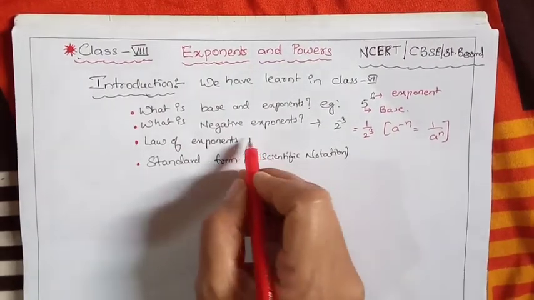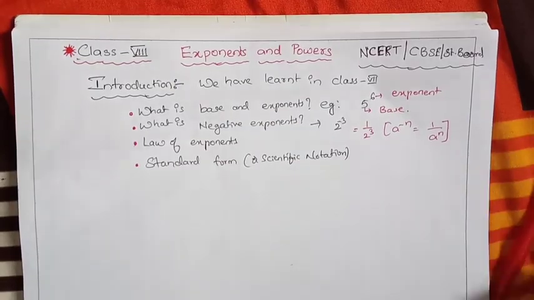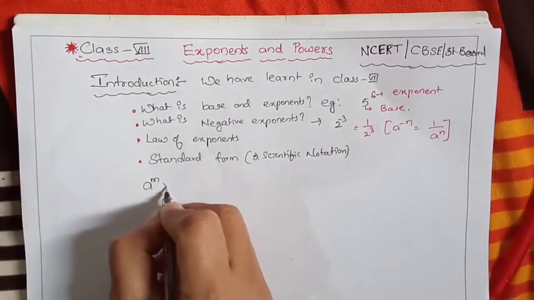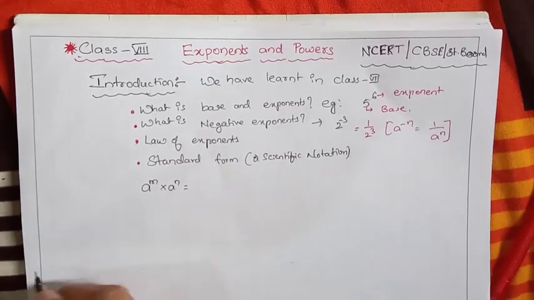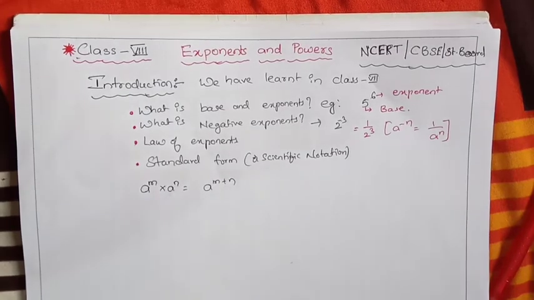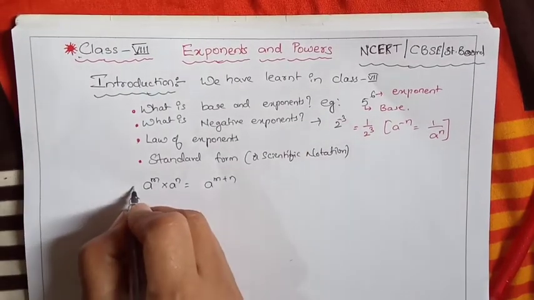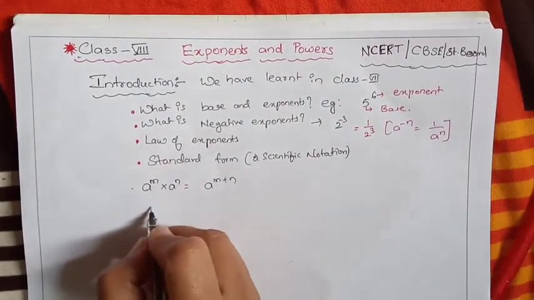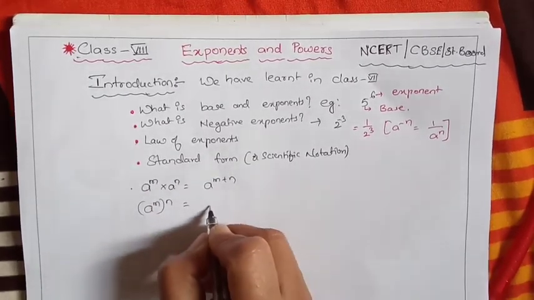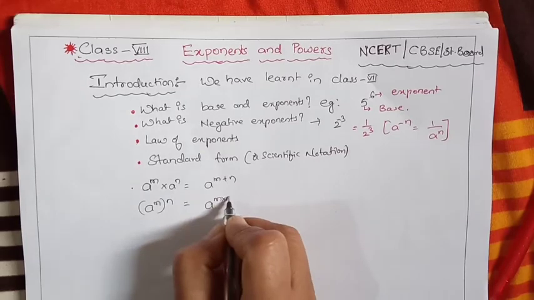Laws of exponents, once again we will revise. What is a to the power m into a to the power n? As bases are equal, we have to add the powers. This is the first law. Next one is a to the power m whole to the power n, which is equal to a to the power mn.